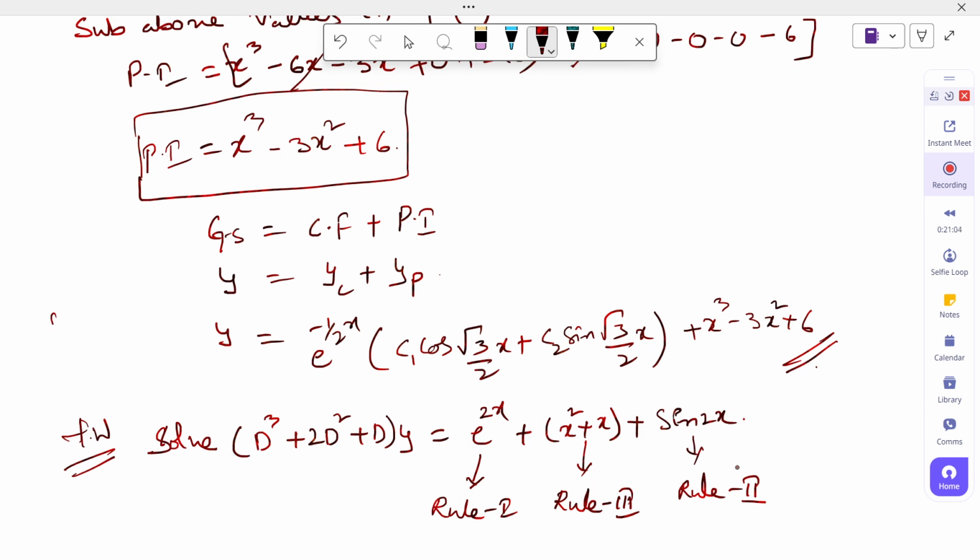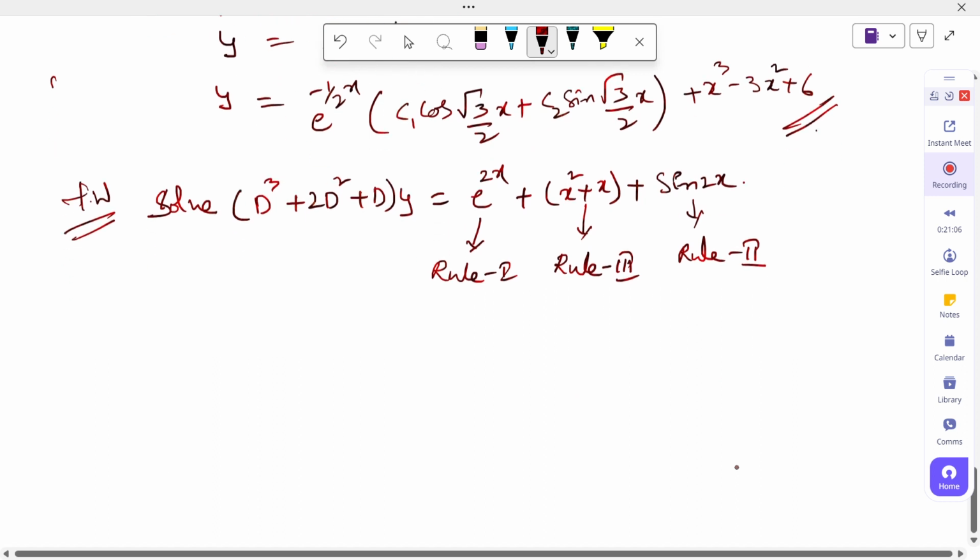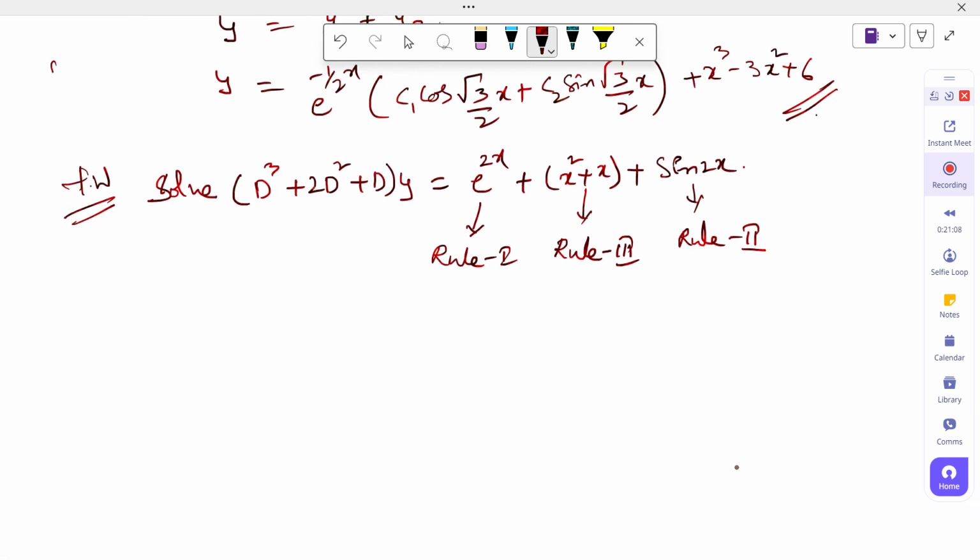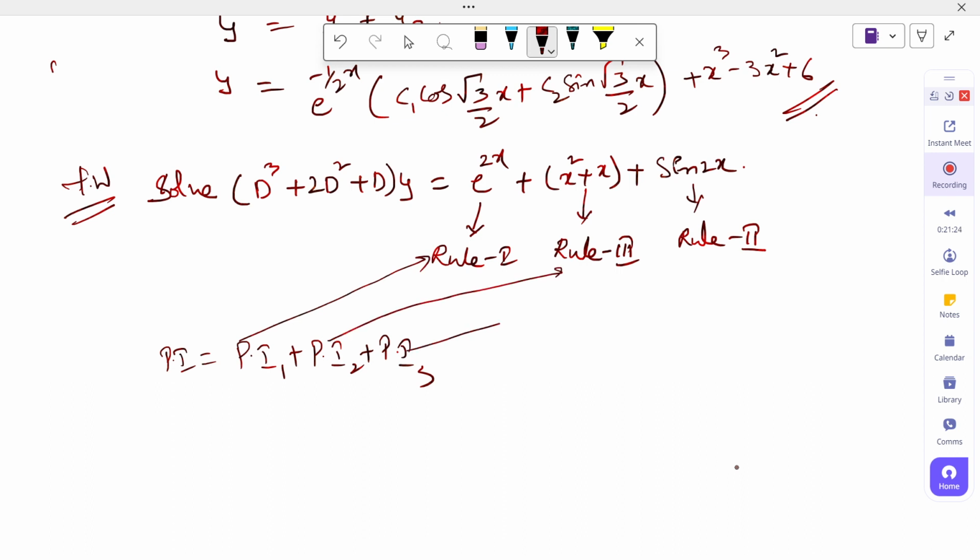If you can do it simultaneously, well and good, you can. If not, you split that one, divide it into some sub parts. You take PI as PI1 plus PI2 plus PI3: this solving by this one, this by this one, and this by this one.